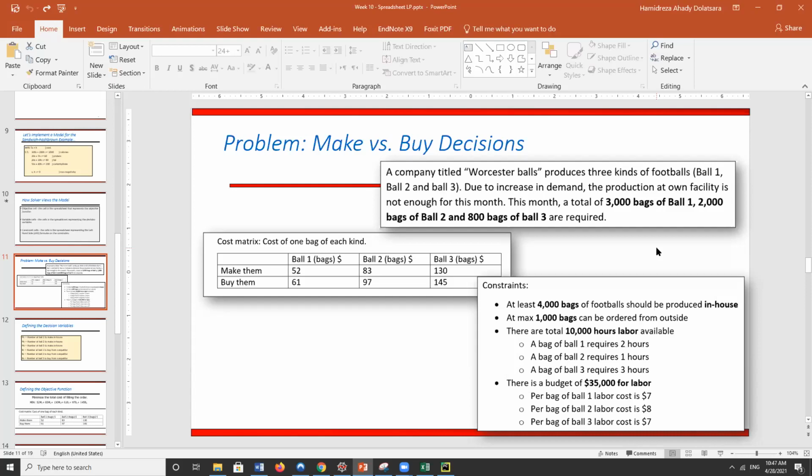Can anyone tell me if this is a maximization problem or a minimization problem? For your objective function, should you maximize something or minimize something?